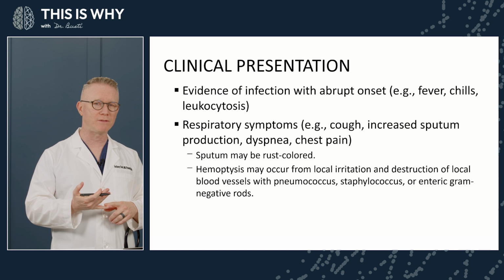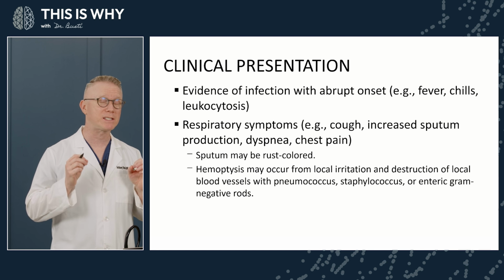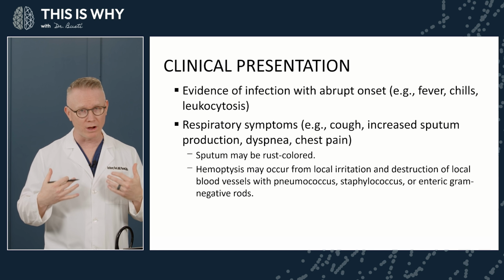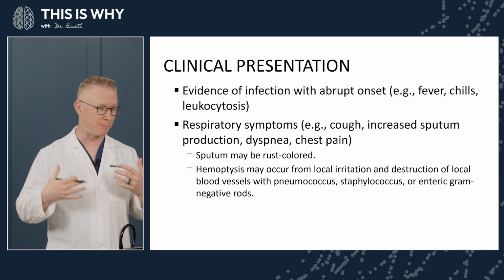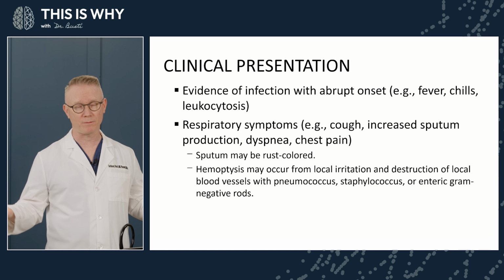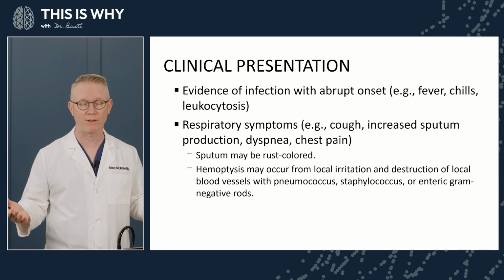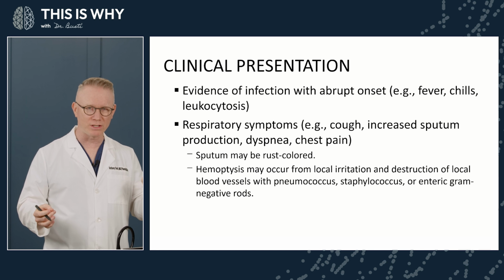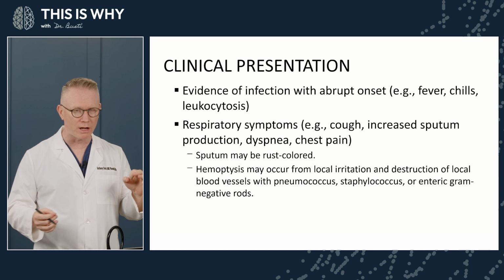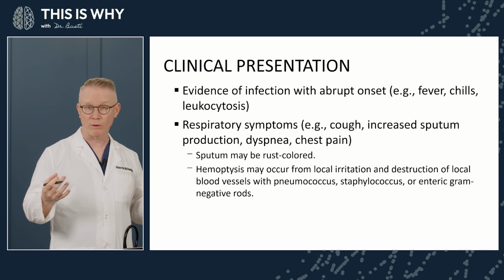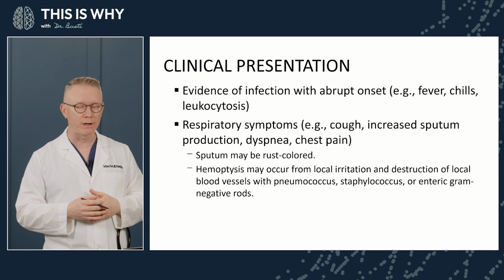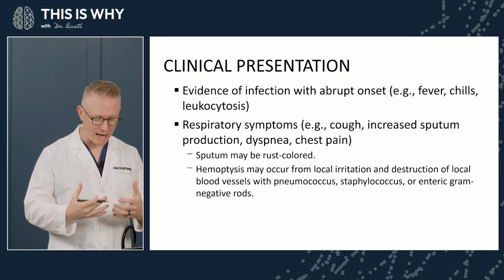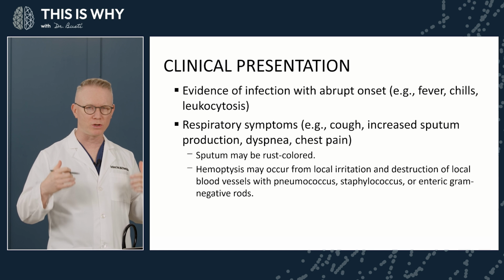Many of these patients will have dyspnea, sometimes even experience chest pain. Now, there's a lot of stuff going on in the thorax, and patients feel chest pain. They come in a lot of times thinking they're having a heart attack or something else. But when you have inflammation and irritation that especially involves the pleura, that can cause pleuritis, or back in the old days, pleurisy kind of symptoms, and these patients can have anterior chest pain that even radiates to their back.